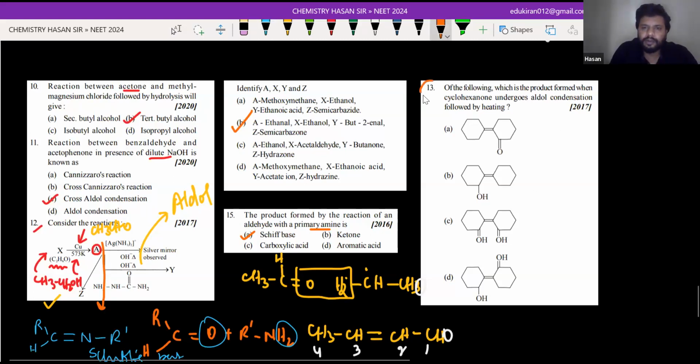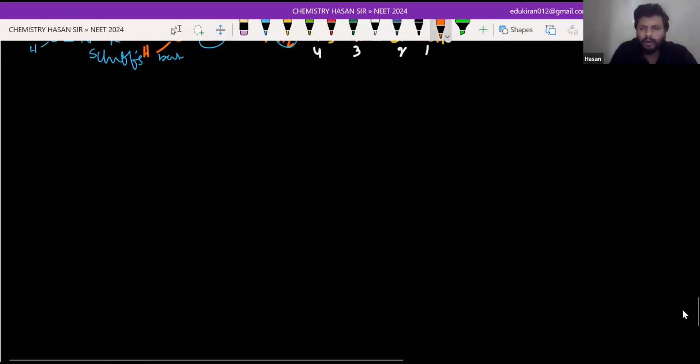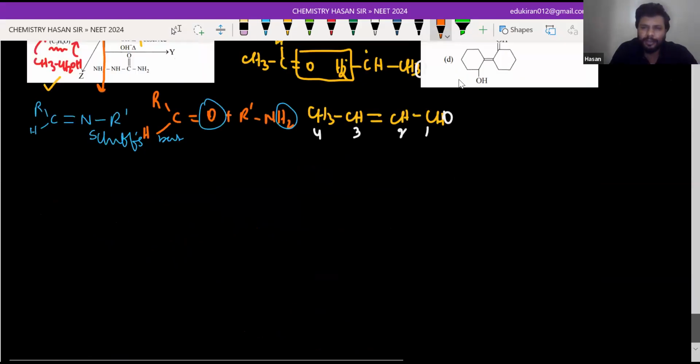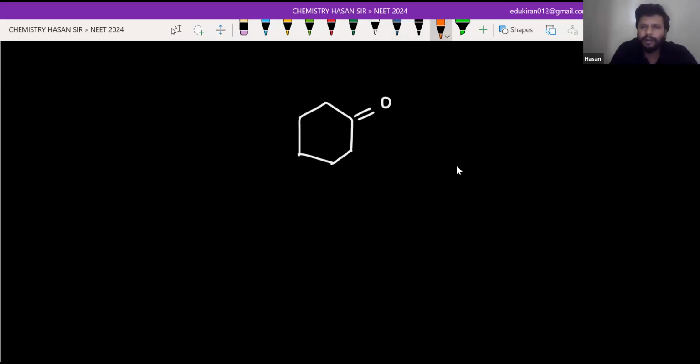What is the answer for 13? You can see it undergoes aldol condensation. Cyclohexanone, I'm going to show you what you need to do for aldol condensation. That means heating will also be there. First of all, this is your cyclohexanone, the first mole, and another mole I'm going to write is also cyclohexanone.